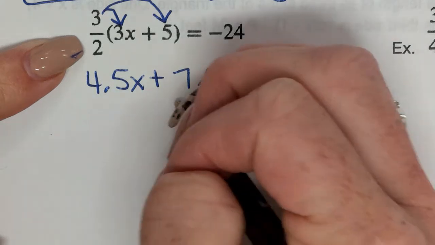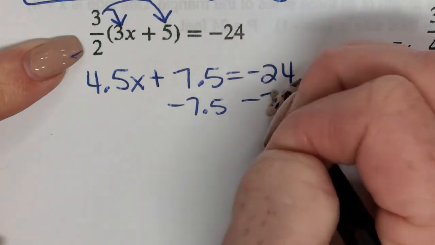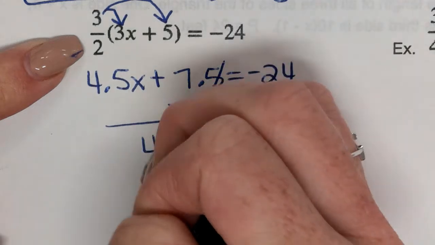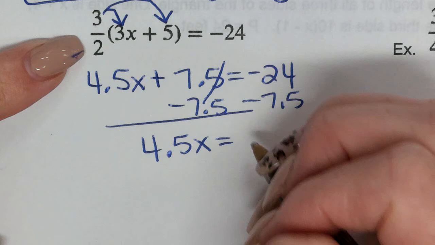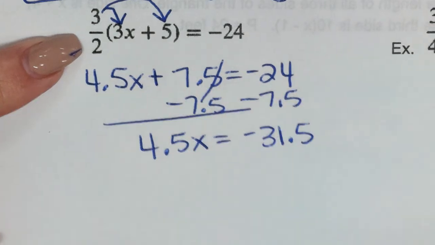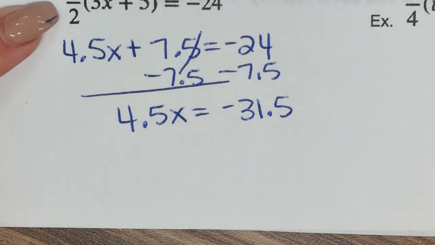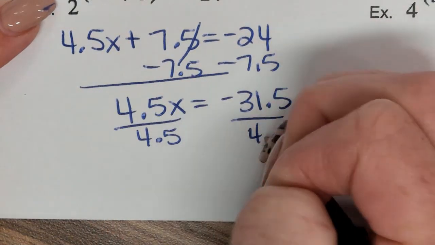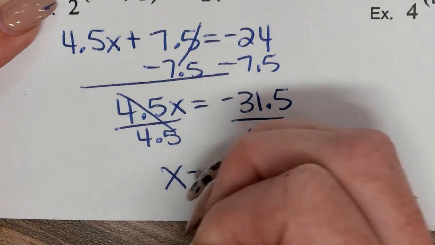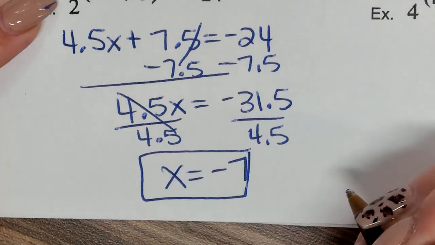Okay, now I'm going to subtract 7.5. So I have 4.5x equals negative 24 plus negative 7.5 is negative 31.5. I'm going to divide by 4.5. And I'm going to get x equals negative 7.